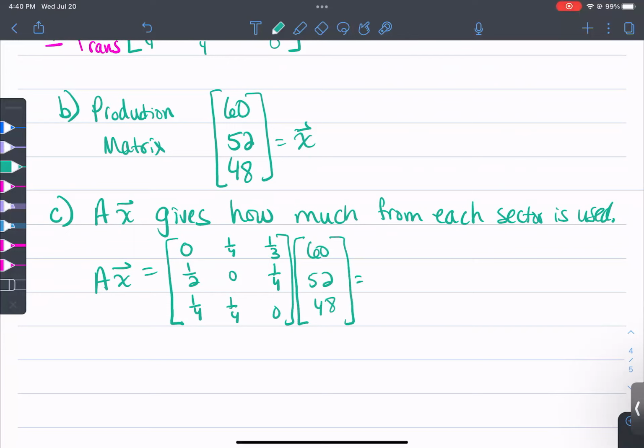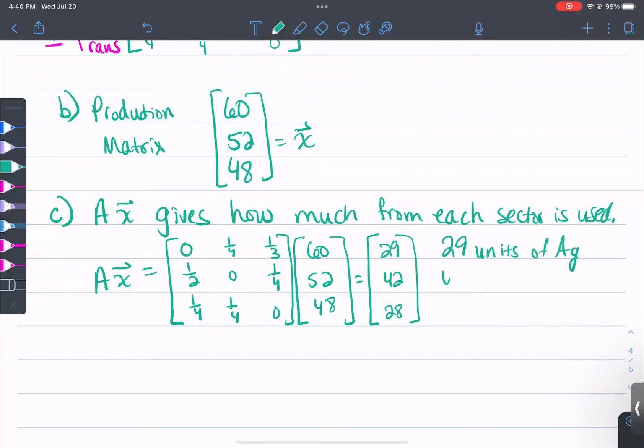You can use the calculator to do that, or you can multiply manually. The result you should get is 29, 42, 28. What that translates to is that 29 units of agriculture were used, 42 units of manufacturing, and 28 units of transportation.